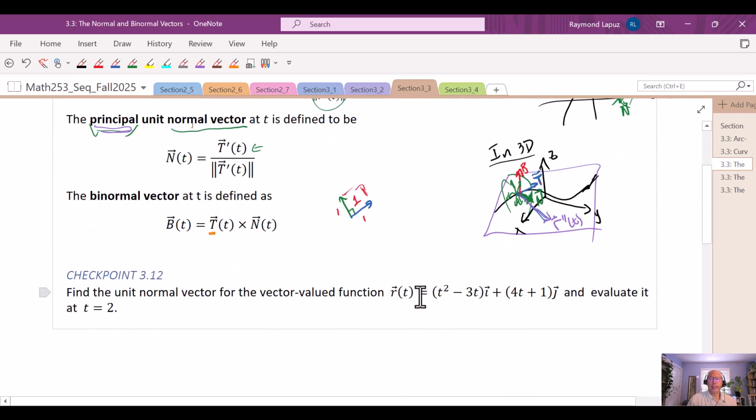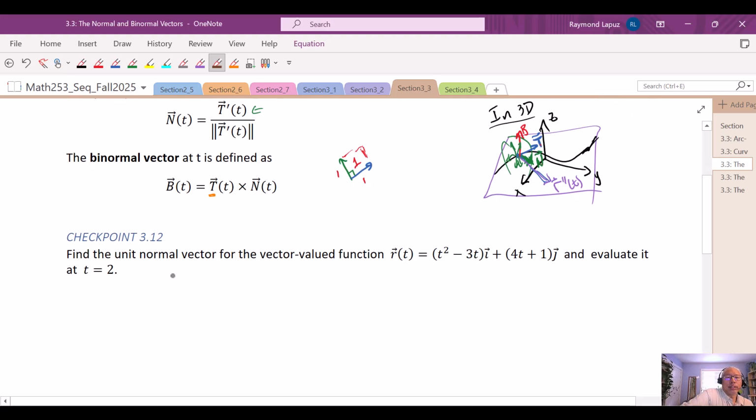Okay, here is a 2-dimensional example. We have a curve in 2D, and in this case they really just want one thing, right? They want the unit normal, but then for us to get that we need to find the unit tangent first. Okay, so let's do this.